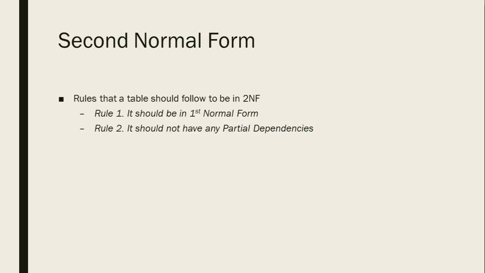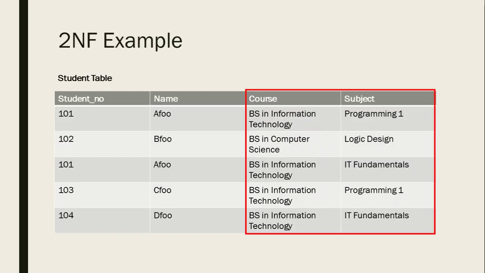A primary key is simply another column that is used to uniquely identify a record. So for example, in this particular record, we have the student table. We've added a student number column. Now, the student number column uniquely identifies Afu in this particular instance. If I query the student number 101, it will always show Afu.